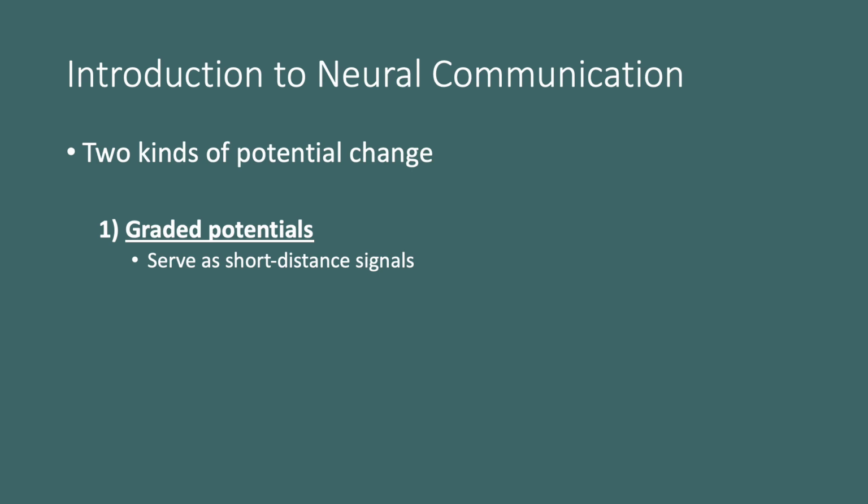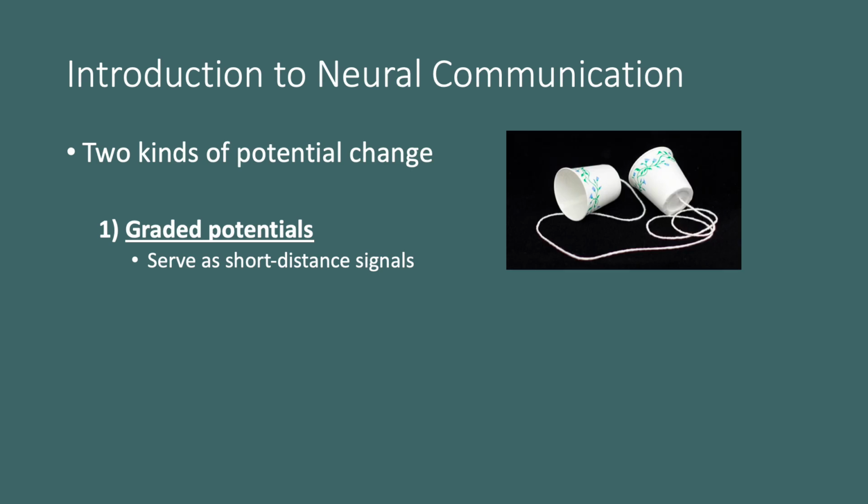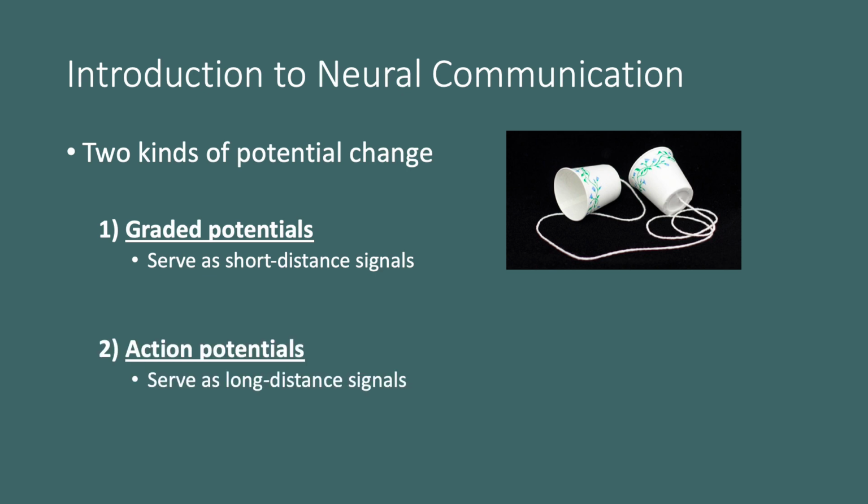Graded potentials can be generated from chemically or mechanically gated channels. Now, in contrast, right, short distance, if anyone's ever done the string between two cups, my son was just asking about how it worked. We can compare graded potentials to action potentials, which are different. These are long distance signals and larger currents, and they don't diminish as they move along the axon.